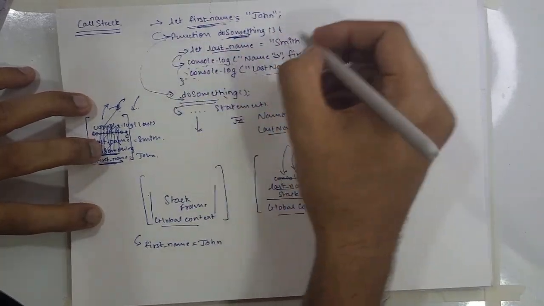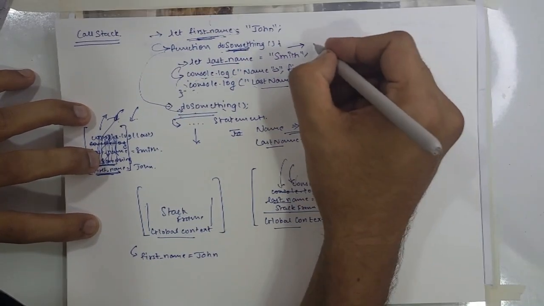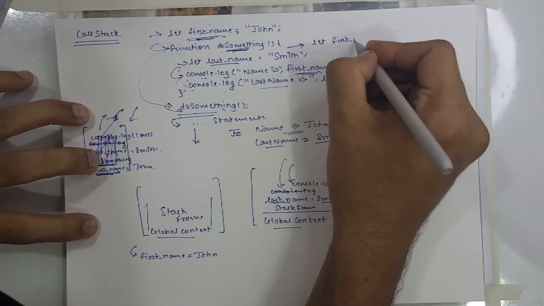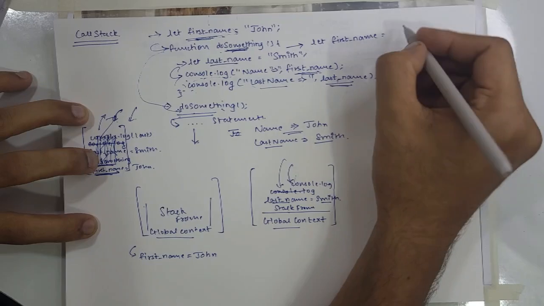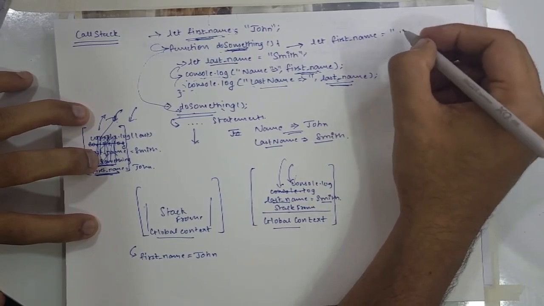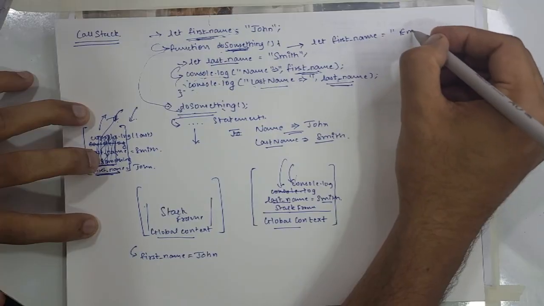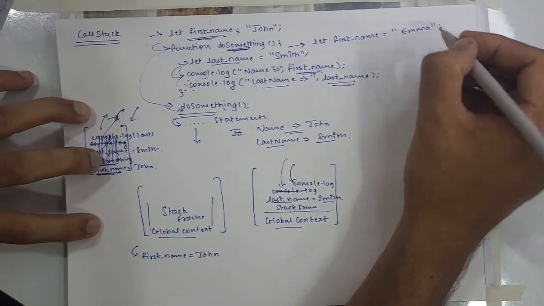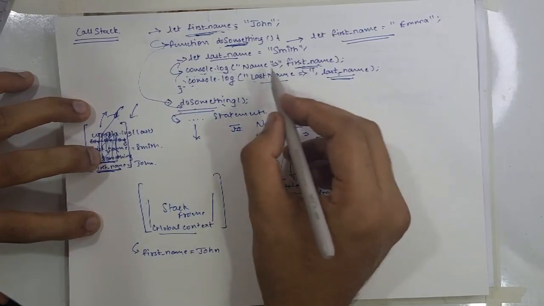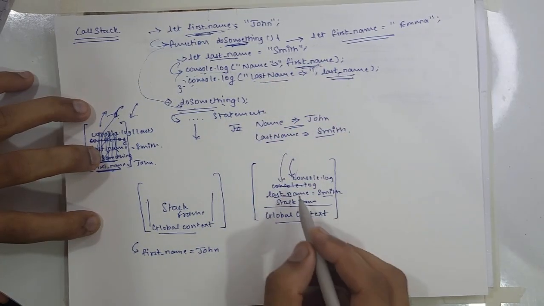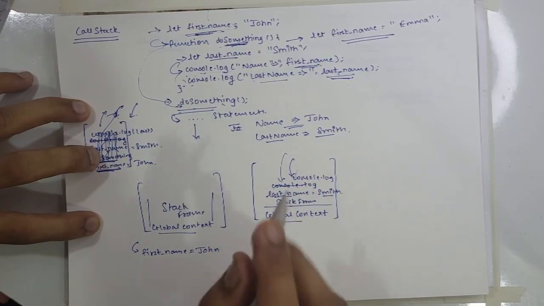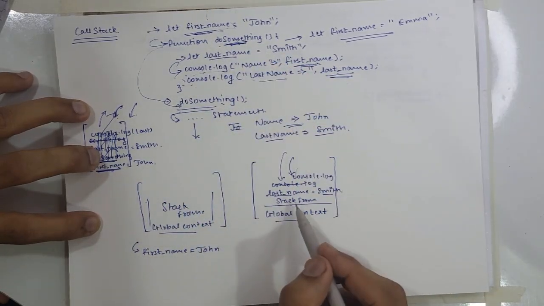Well, what I could have done is also override the first_name variable to something else, maybe Emma, anything. So what would have happened is, when I'm printing this first_name, my compiler will check, first of all, the stack frame of this function.